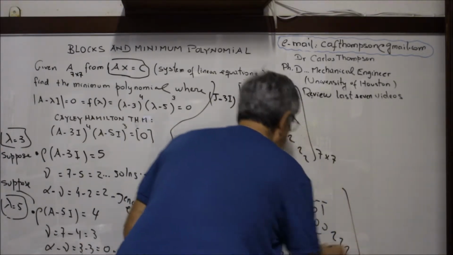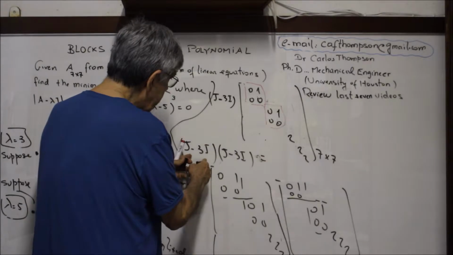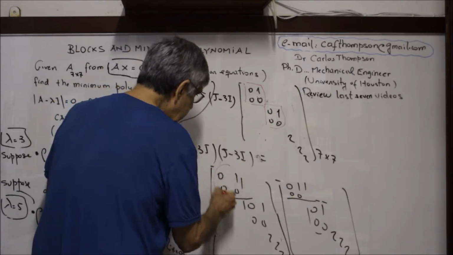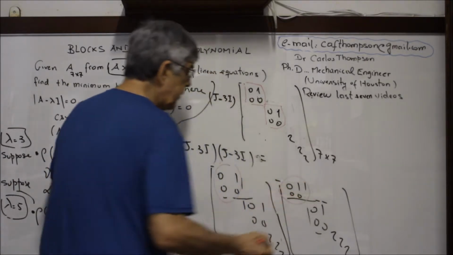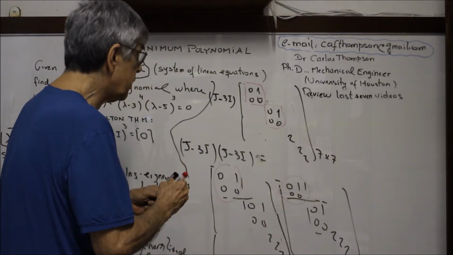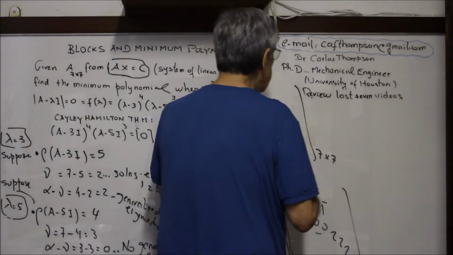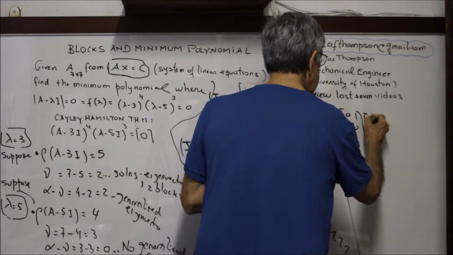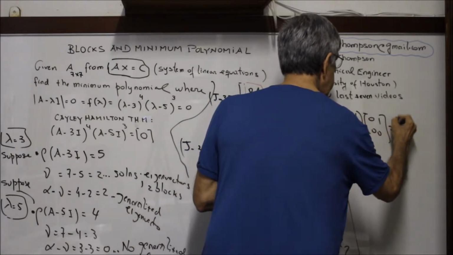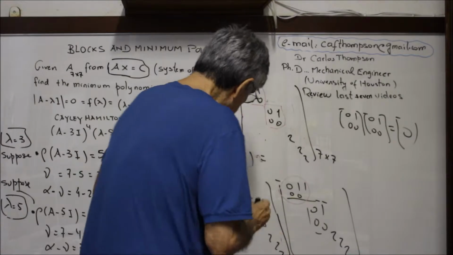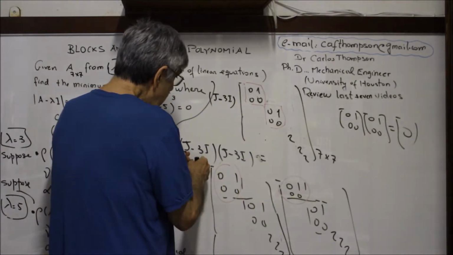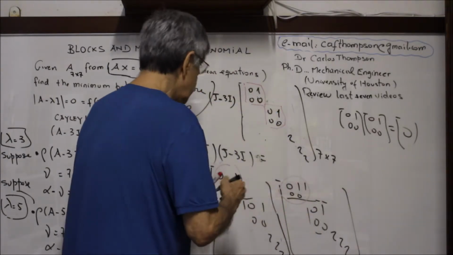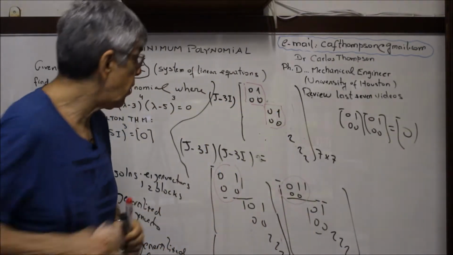Now, if I multiply J minus 3I times J minus 3I, this block times this block, I will get 0. Remember, always remember, I have 0, 1, 0, 0 times 0, 1, 0, 0. This is my zero matrix. So I will write here, it will be quite clear.